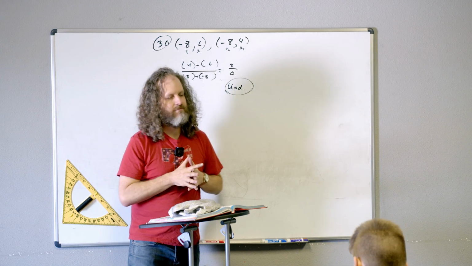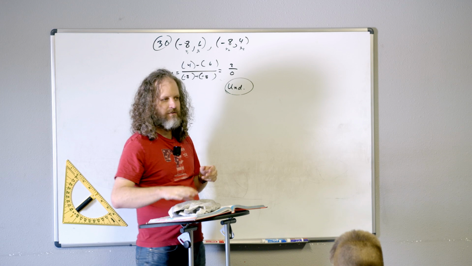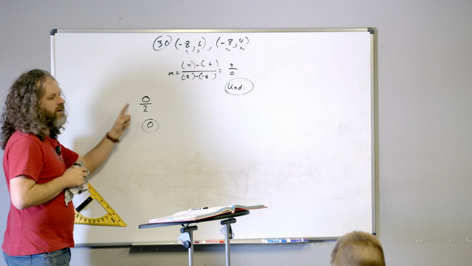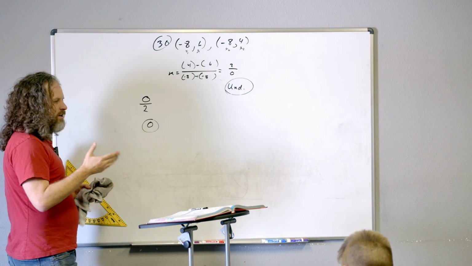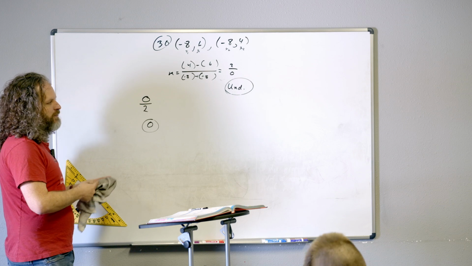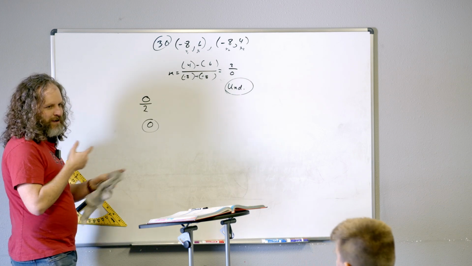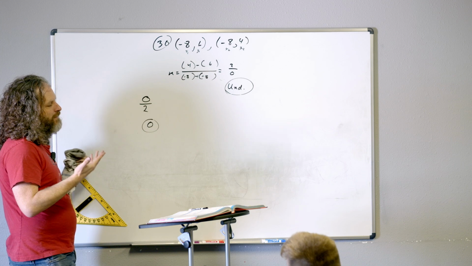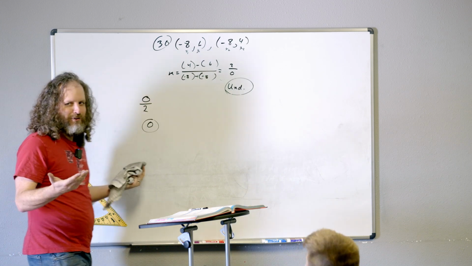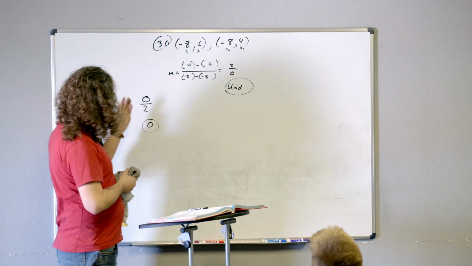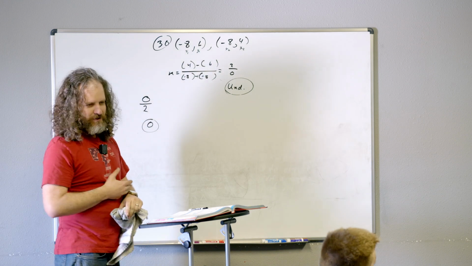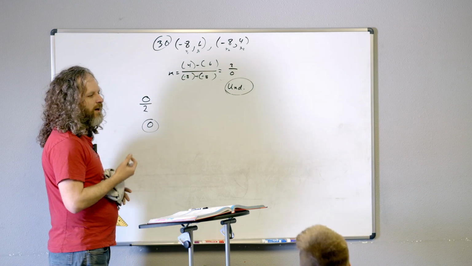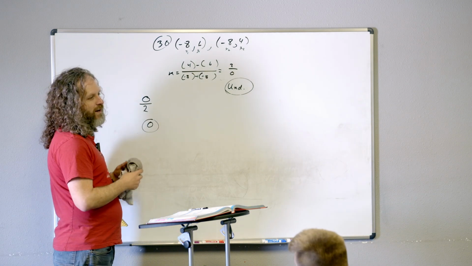If 0 is on the bottom, it's undefined. That's right. If 0 is on top, it's 0, because 0 divided by 2 is fine. Check it on your calculator. Do it both ways: 0 divided by 2 and then 2 divided by 0, and see what comes out each time. If you divide by 0, it gives an error. And 0 divided by 2 says the answer is 0.